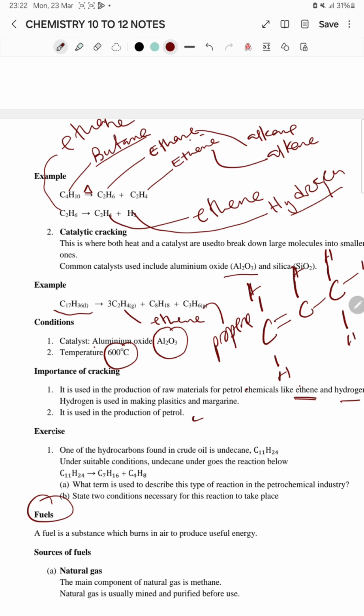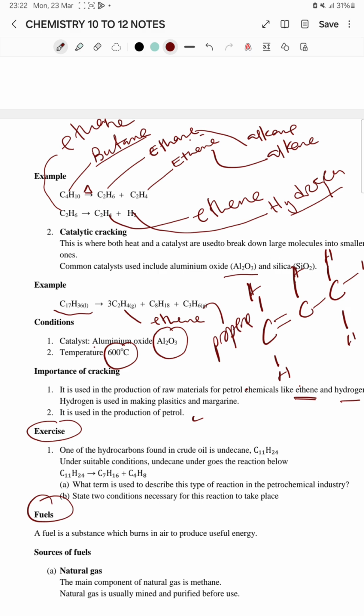But let's have a look at this exercise here. You can even pause the video so that you can answer this question. One of the hydrocarbons from crude oil is undecane. Under suitable conditions, undecane undergoes the reaction below, where it breaks to form these hydrocarbons.